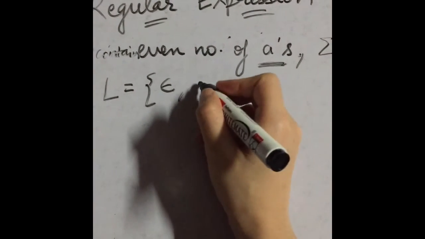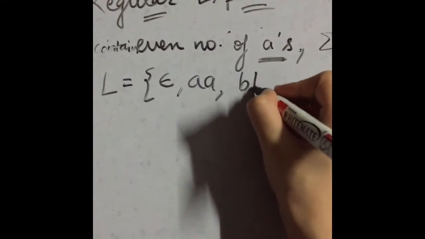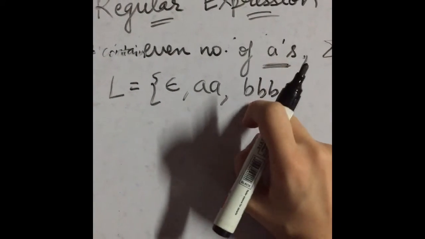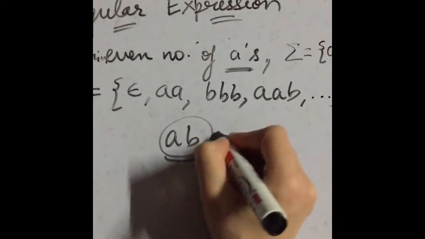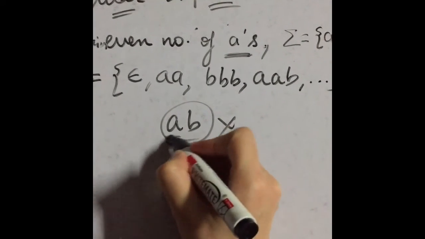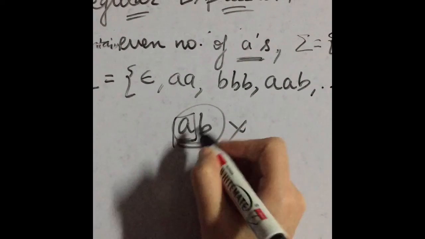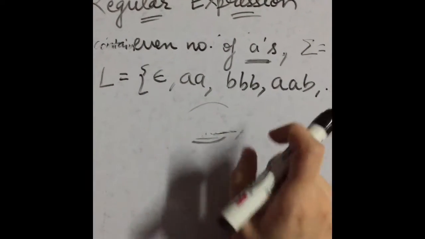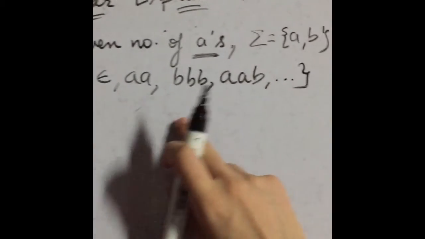So null, a, b, b, b, any number of b's are accepted, and also an even number of a's. Is ab possible? No. Why not? Because a is odd. We don't care about b, but a is odd, so this is not possible, right?